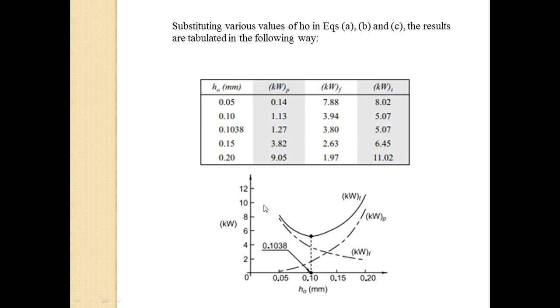So I have drawn a graph here. On the y-axis is kilowatt, that is power losses or energy losses, and on the x-axis is H naught, that is the film thickness.